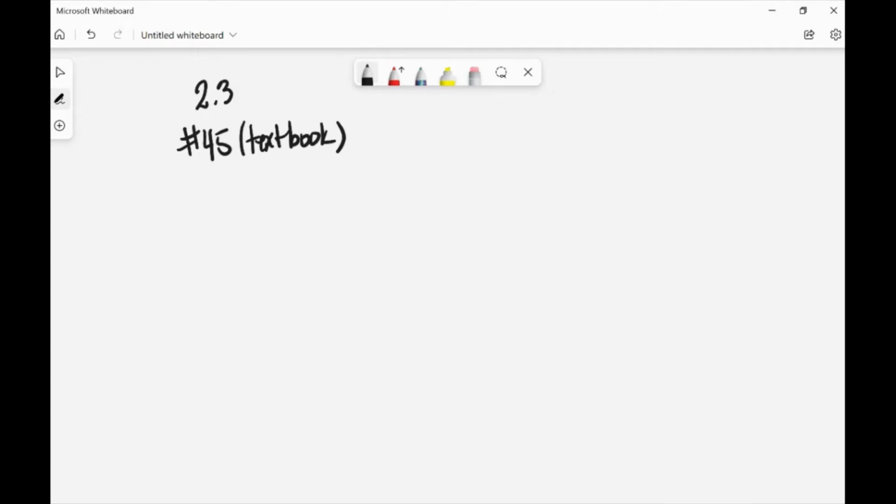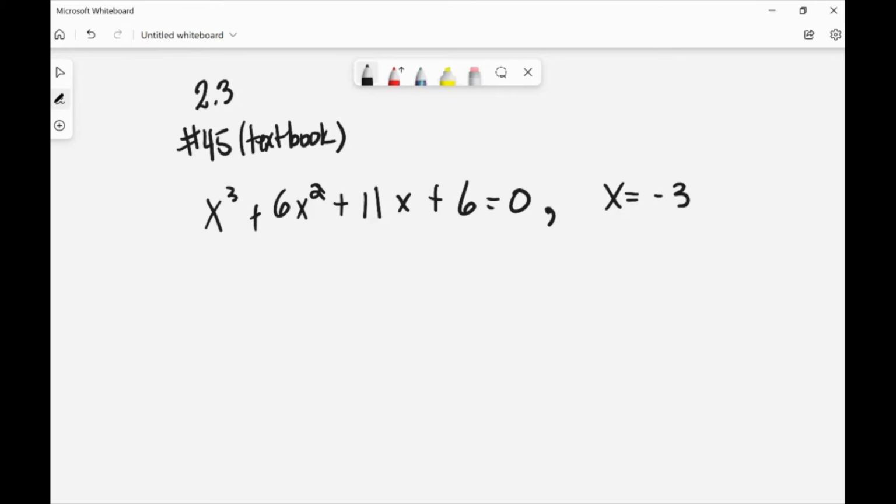It says x cubed plus 6x squared plus 11x plus 6 equals 0 and x equals negative 3. What we're going to do is use synthetic division to show that x is a solution of the equation. So they say use synthetic division to show that x is a solution of the equation.